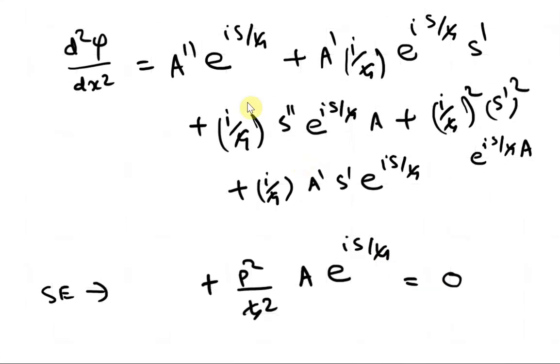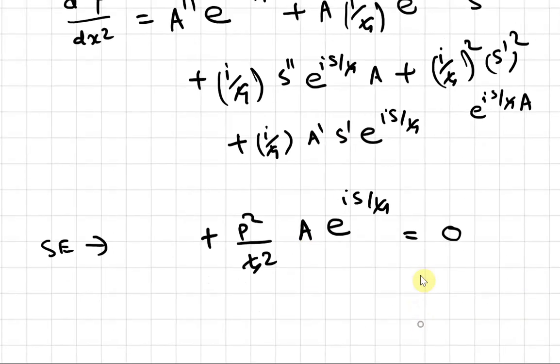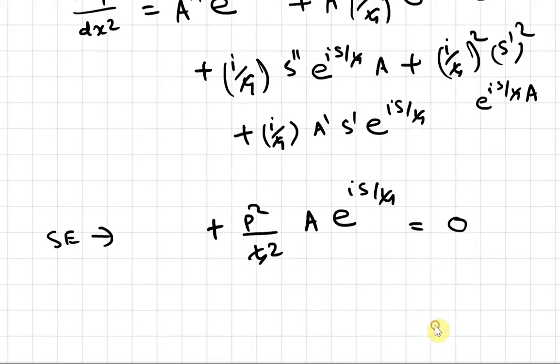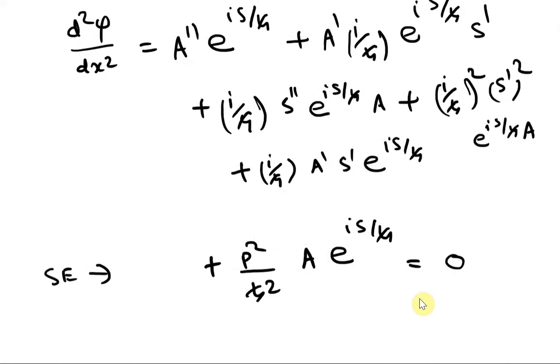So identify the real components first. This is real, this is imaginary, this is imaginary, this is going to be a real, i square is there. So one real, anything else, this is imaginary, and this is also real. So three terms. Identify my real terms. A double dash. All these terms are having this e raised to iS by h cross term. You can just remove that directly, no issue. RHS is 0.